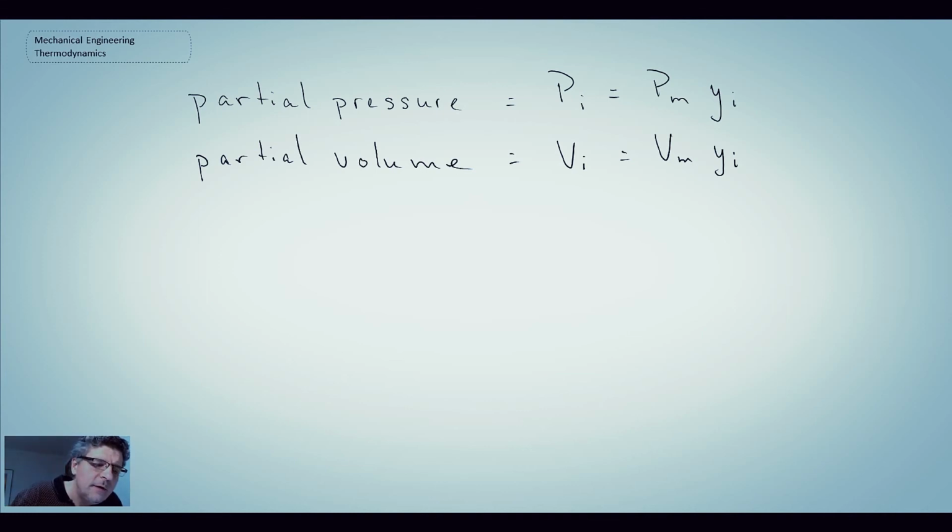Now, the partial volume is used, or it was used, for a very old method of determining what was in a gas mixture, and it was with the device called the Orsat apparatus.